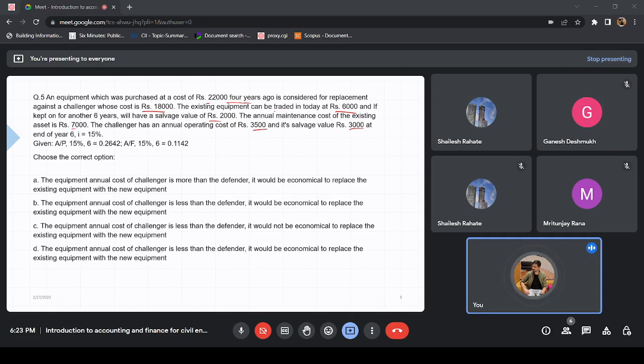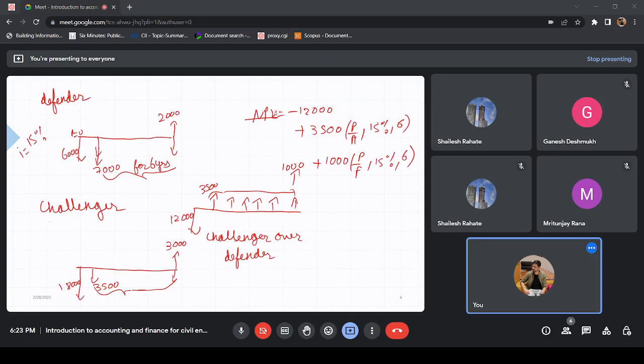Some answers, guys. At least something. Okay, so if you have to determine this P given A factor, this will be 1 upon A given P, right?